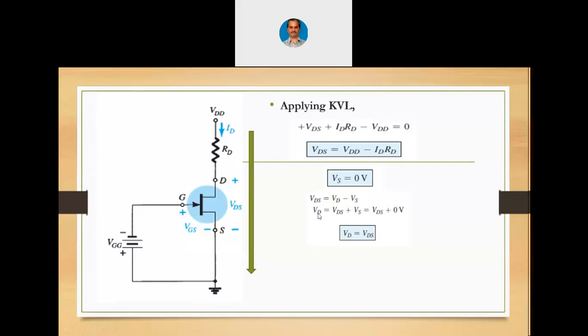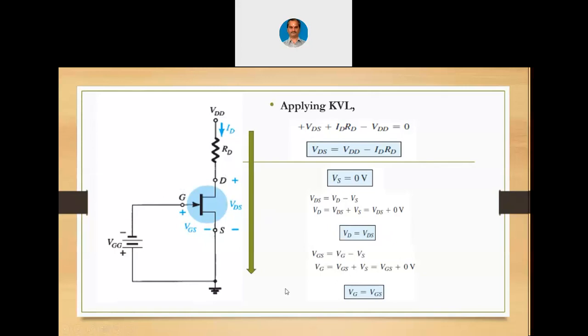So VD, the voltage at the drain, is VDS plus VS, or VDS plus 0 volts. So VD is nothing but VDS itself. Even though these are all additional expressions, the meaning is really very simple here. The source is grounded, so VDS equals VD itself. We can find that out just by observation of the circuit itself.